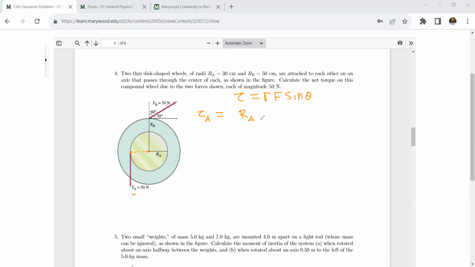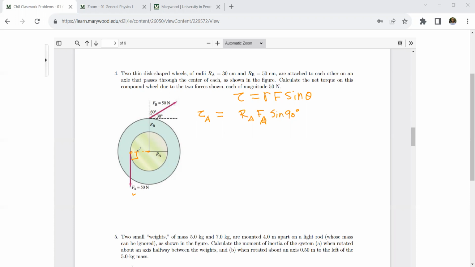So this is the lever arm, and then fa, and the angle between ra and fa is sine 90 degrees, right? Now here you have to also understand whether it is rotating clockwise or counterclockwise. So you have to put the sign explicitly in this equation.